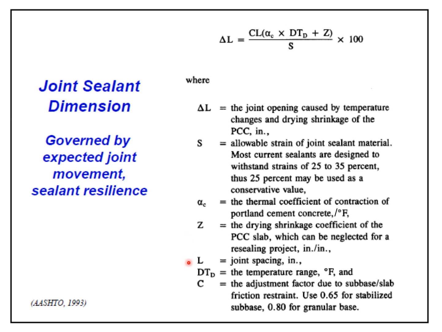L is the joint spacing in inches, and capital delta T sub D is the temperature range that we are considering in Fahrenheit, and C is the adjustment factor due to subbase or slab friction restraint. Use 0.65 for stabilized subbase, 0.80 for granular base. So with the help of this formula, the joint sealant dimension can be determined.